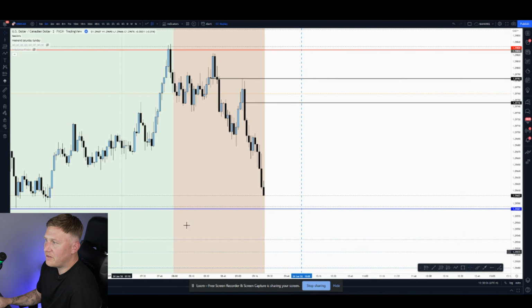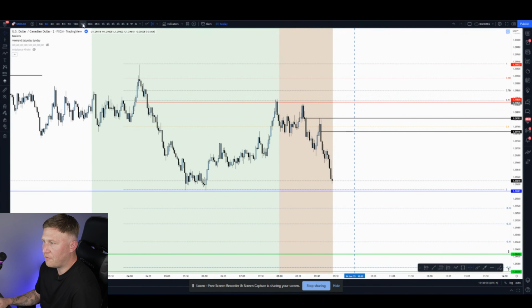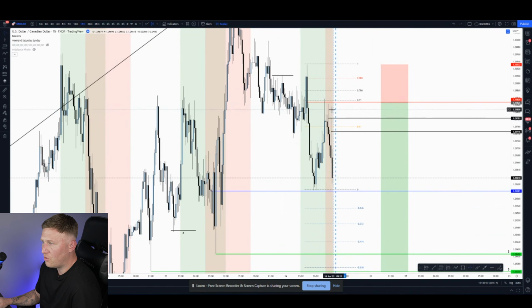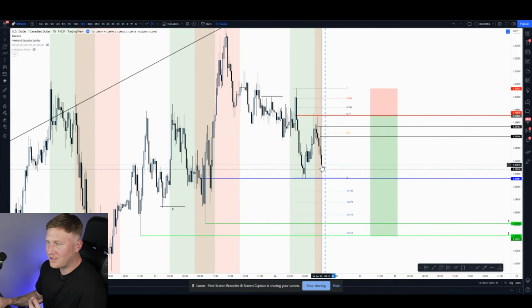Okay, so now we can see an obvious break of structure, right? This is definitely respecting the 15-minute candle. We can see that this is definitely playing out, and this isn't the price action you want to be seeing when you're looking to buy coming into the New York overlap.